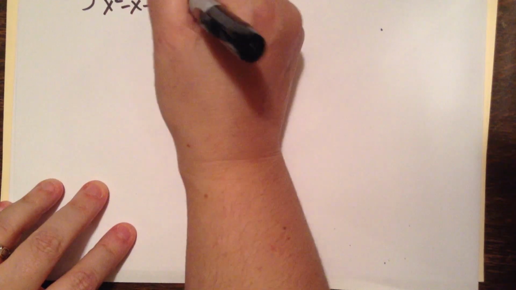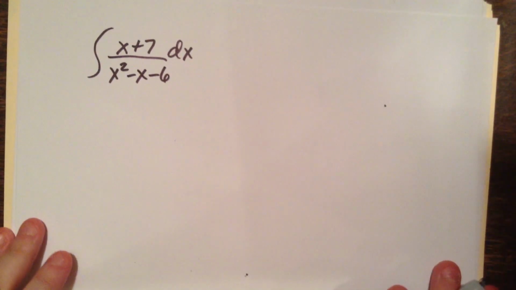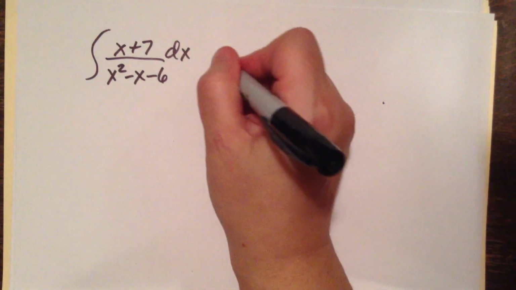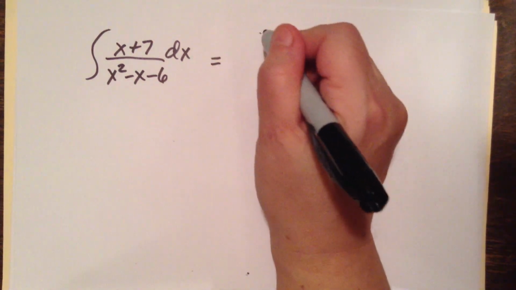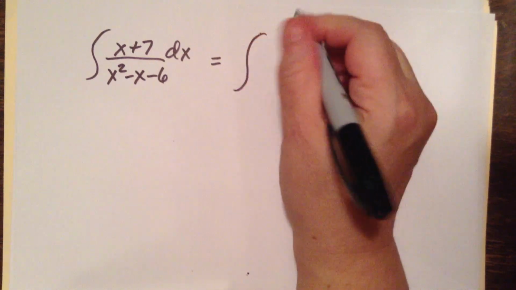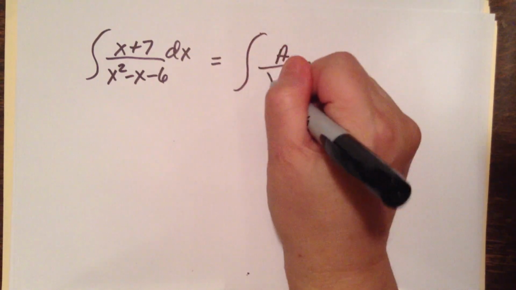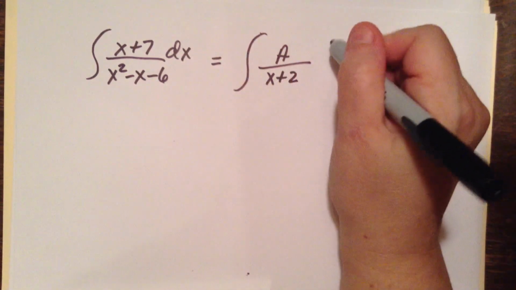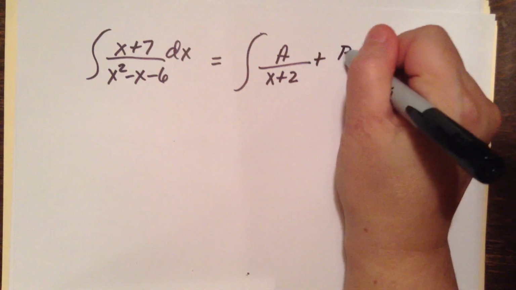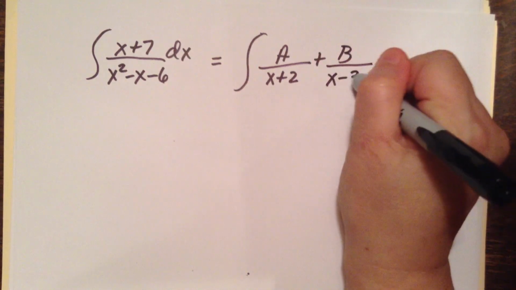So my original problem was the integral of x plus 7 over x squared minus x minus 6. And we had gotten this to the point where we're going to have the integral of a over x plus 2 plus b over x minus 3.